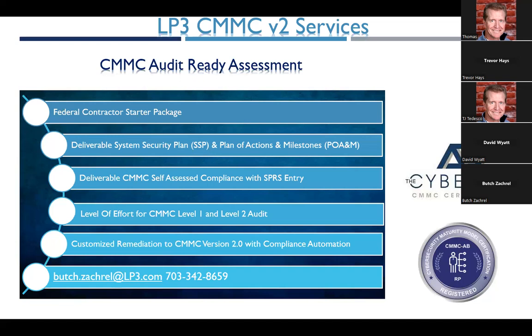Find out how close you are and then start making informed decisions about control and policy implementation, or even if you need any help. Remember, level 1, 17 controls. Level 2, self-assessed. And again, if they're telling you, oh my God, you better start your audit now.